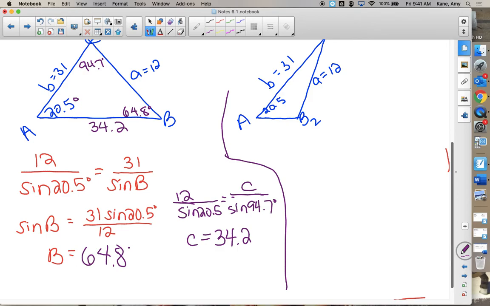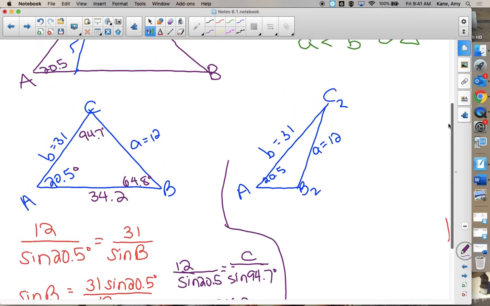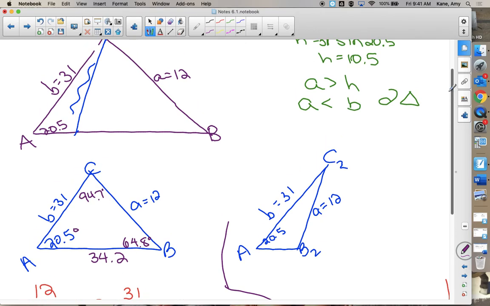So if you go back up into the original diagram, because I have 3 diagrams here. Up here we have this angle of 64.8. That same angle down here is 64.8.